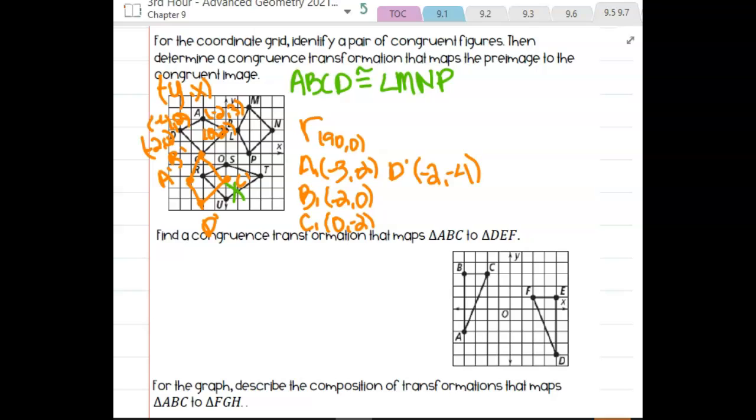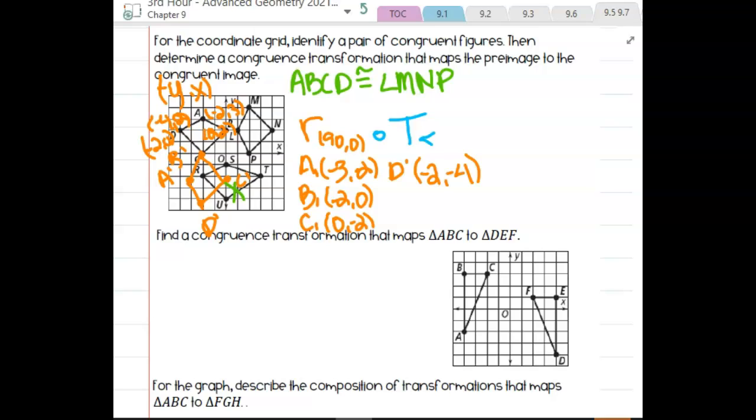So the notation here, you're going to use that little circle. Moving a figure is what type of transformation? A translation. And then we're going to use those little arrows. Remember, for the translations, you have to do the horizontal movement first. So from my new image down here, what's my horizontal movement?